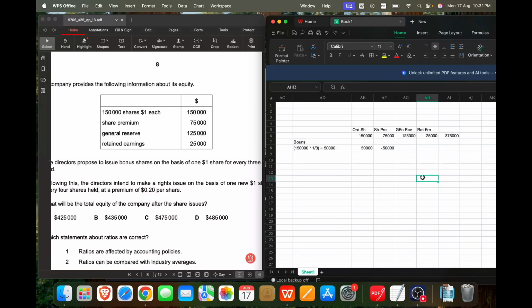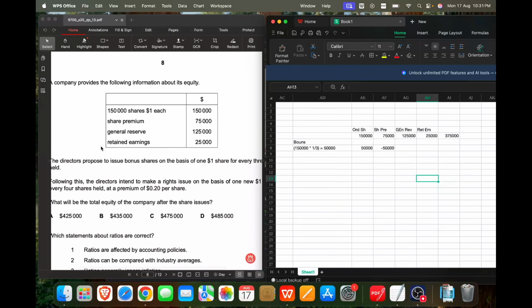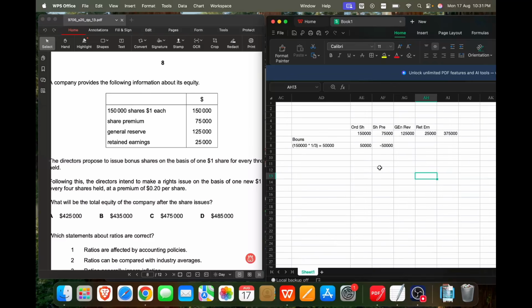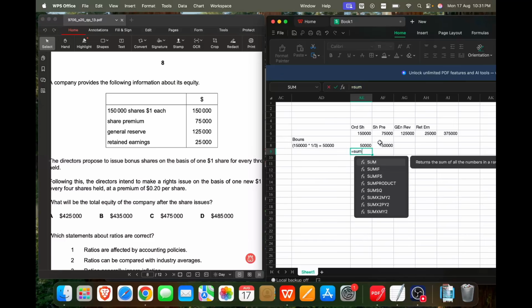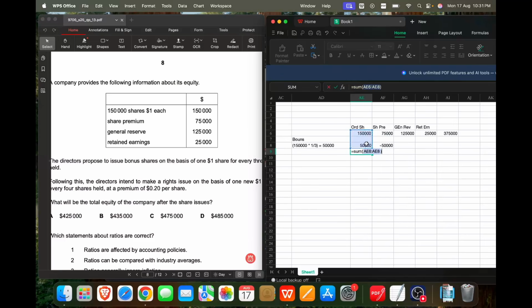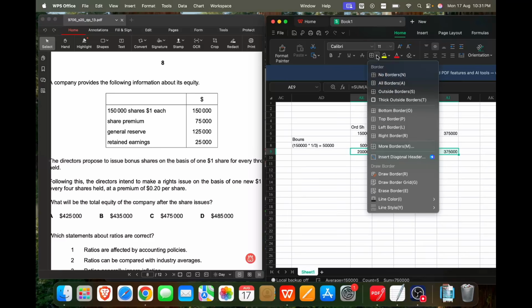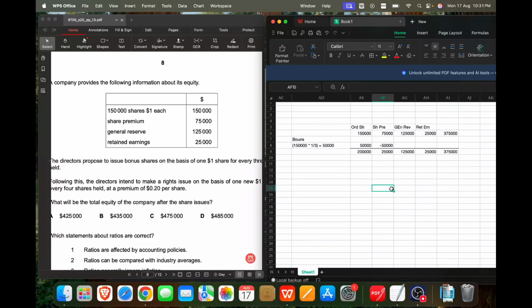After we issue bonus shares, these are the figures that we have in each of the heads. The ordinary share total is increasing from 150,000 to 200,000. Now after this we issue rights shares.